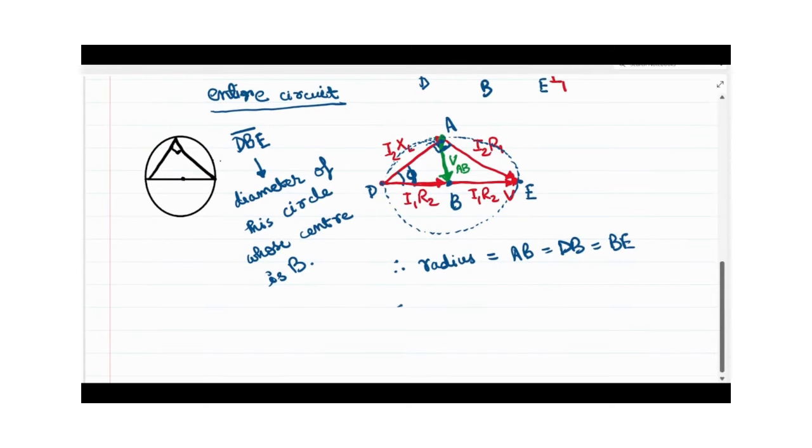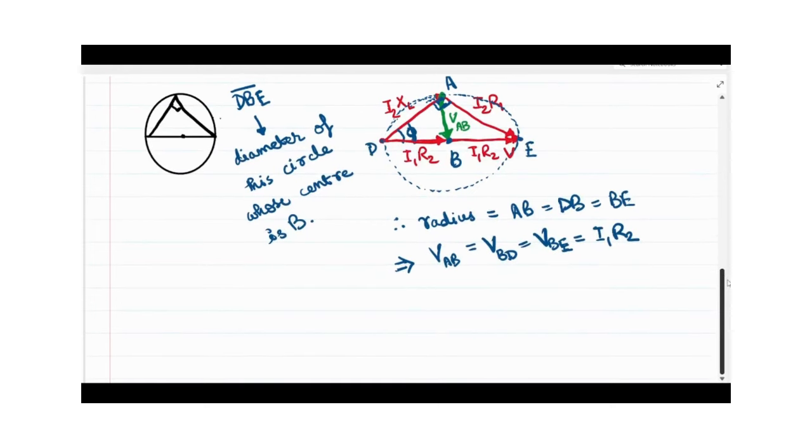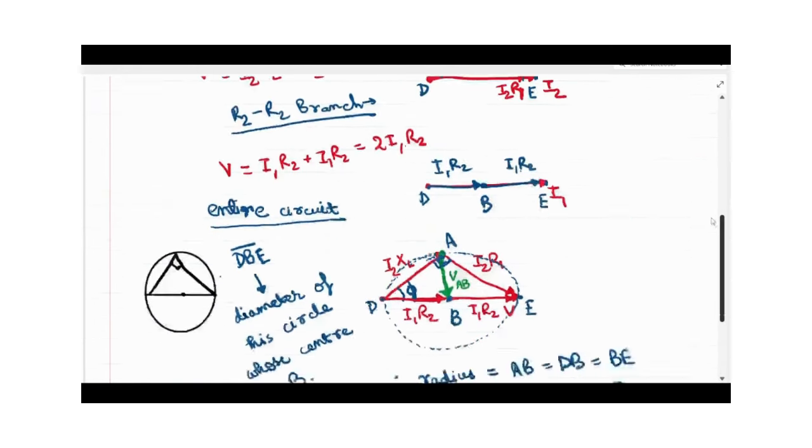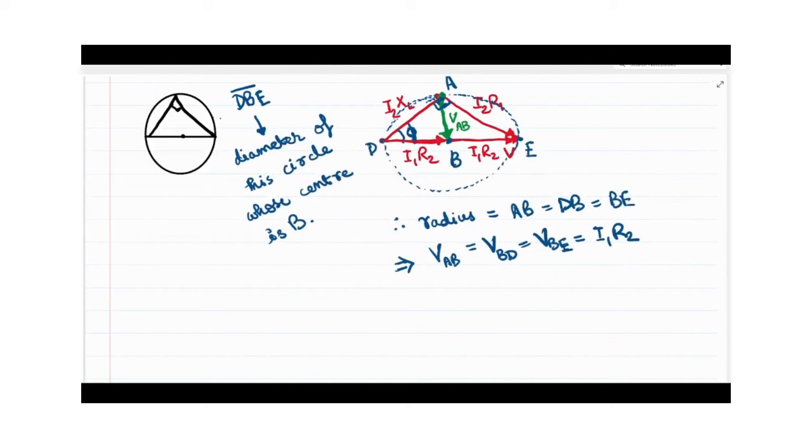This all represents the magnitude of the voltage, the potential difference between these points, which means VAB equal to VBD equal to VBE, which ultimately means it is I1 R2. It doesn't matter what I1 R2 is. What matters is we got this important conclusion that this entire thing lies in a semicircle.